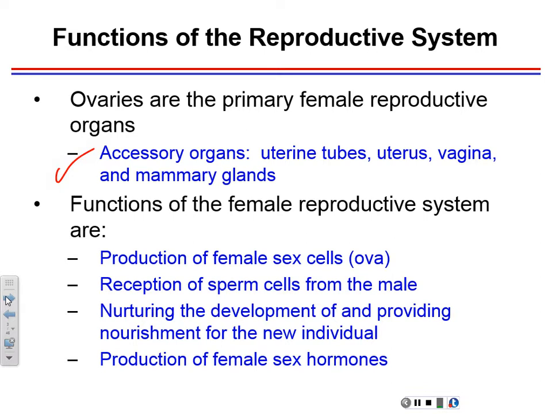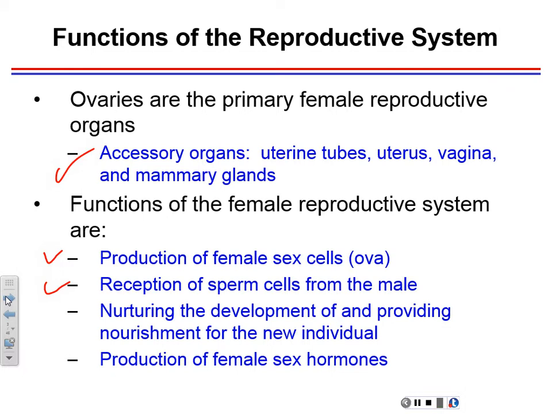It also needs to produce the egg cell, which is the ova. And it needs to receive the sperm from the male, and actually in the female, that's where capacitation of the sperm cell occurs. It gives it the ability to fertilize the egg. It's because of the secretions of the vagina and the uterus.